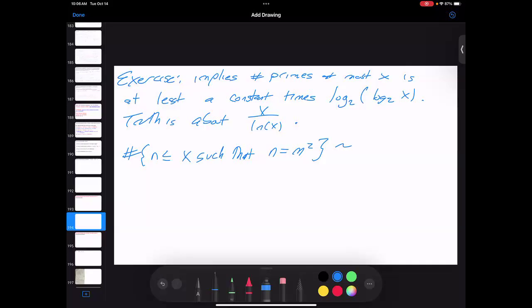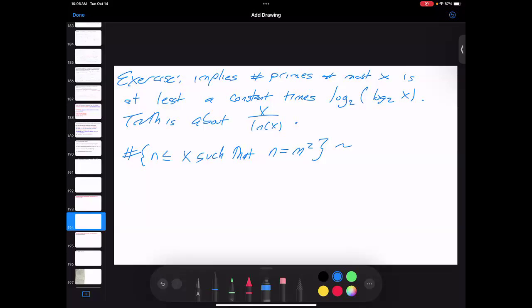If I went up to 400, what's the largest number whose square is less than or equal to 400? 20. If I went up to 900, how many would there be? 30. If I go up to x, how many numbers approximately would have a square at most x? You might be off by 1, but you'd be pretty close.